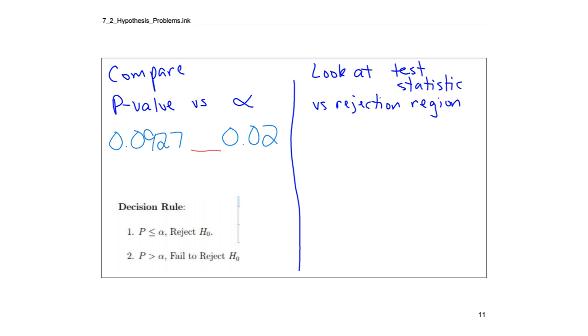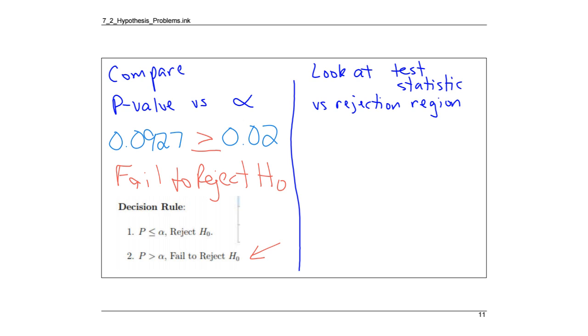If we compare these, we can see that the p-value is much greater than the alpha. And so, as it says here, we're going to fail to reject H naught. Okay, and so we could be done right there. We can always compare the p-value and the alpha, always.